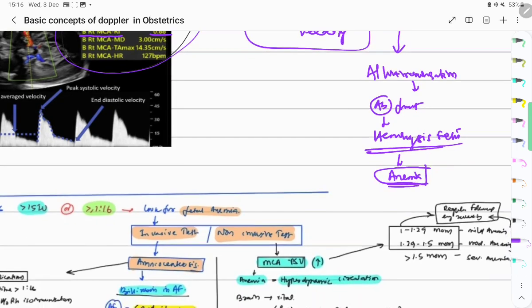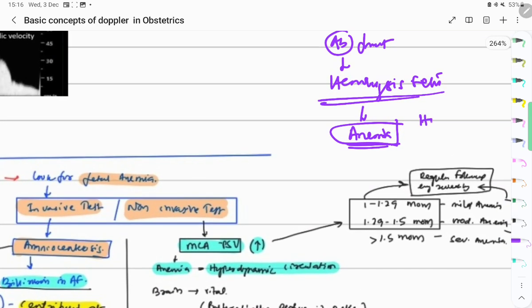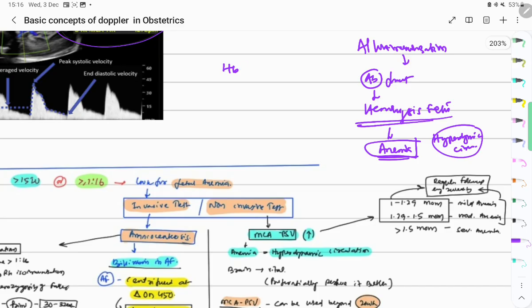This anemia is a hyperdynamic circulation. Hyperdynamic circulation means in anemia hemoglobin normally decreases. So now in the whole amount of blood, hemoglobin is less, but the rest is plasma. To increase the oxygen carrying capacity, there will be more plasma and less hemoglobin.